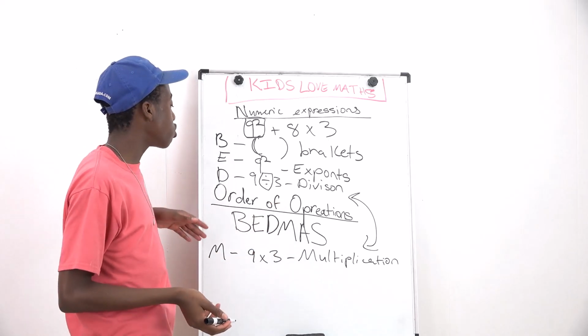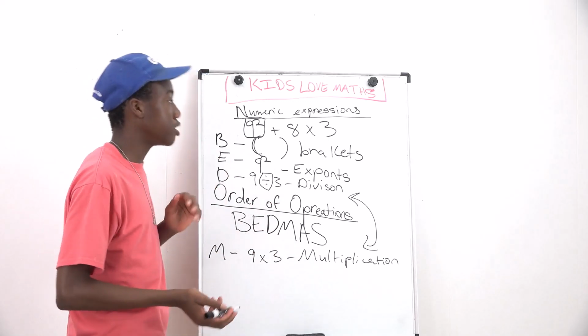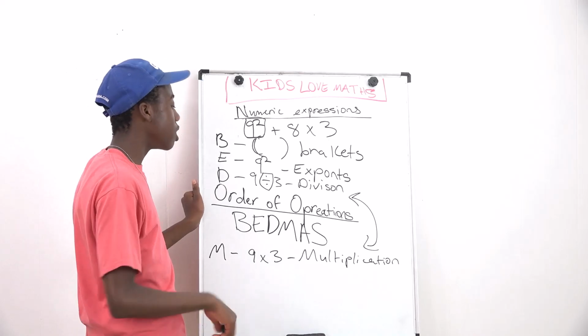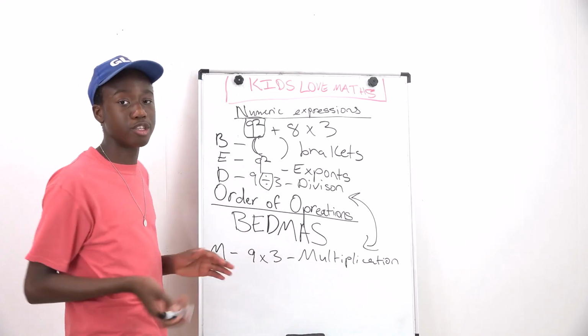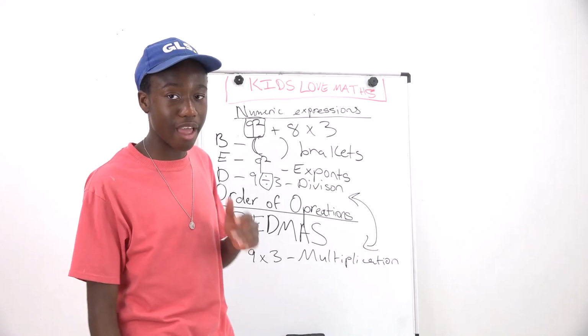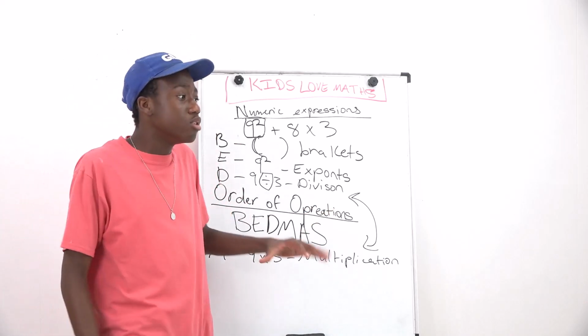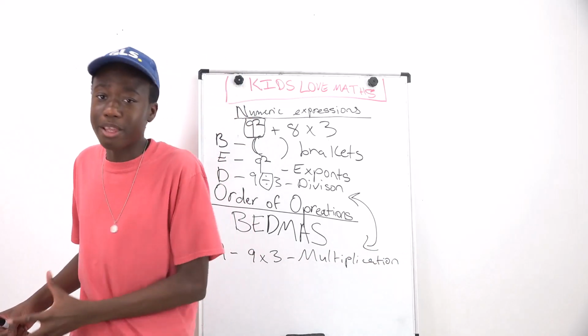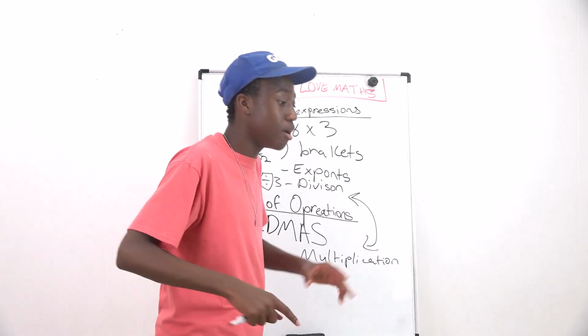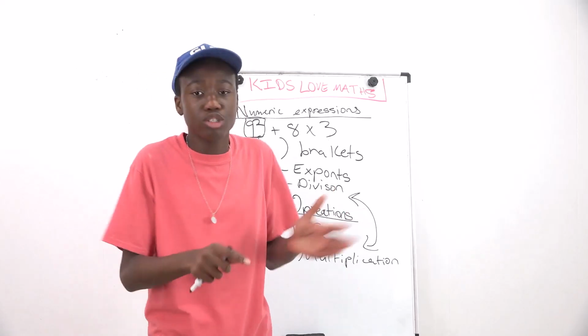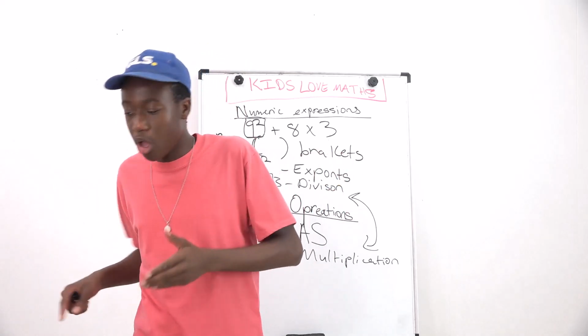And usually, division is supposed to come first. But sometimes, in the numeric expressions, multiplication can come before division. If that ever happens, well, you might be wondering, maybe we should do division. But then, there might be a decimal. And if you divide these two numbers, it'll be a decimal. And usually, numeric expressions are supposed to be whole numbers.